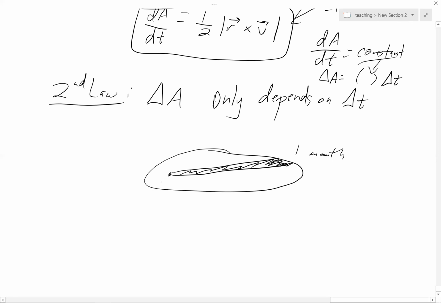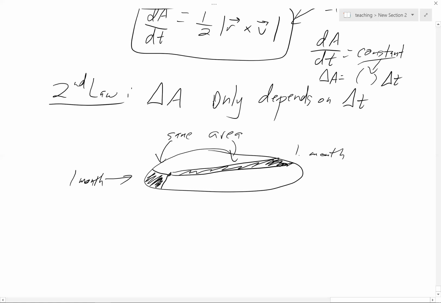I've got to get the same area in 1 month on the short side. Since it's so much narrower, it's going to have to be a lot wider to make up for it. So this would have to be like a month like that. We have to have the same area as long as we have the same time, right? Which means that I have to be going a whole lot faster when I'm close to the sun than I do when I'm at the other end of the orbit.